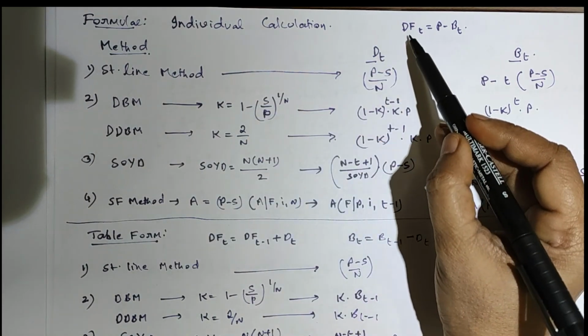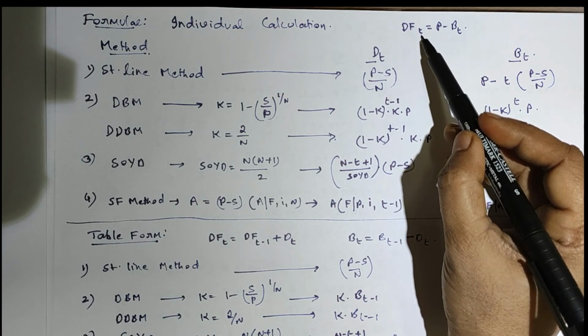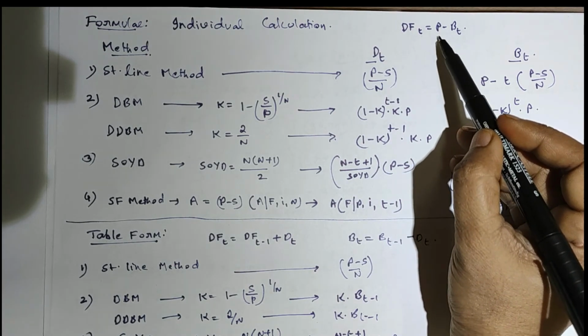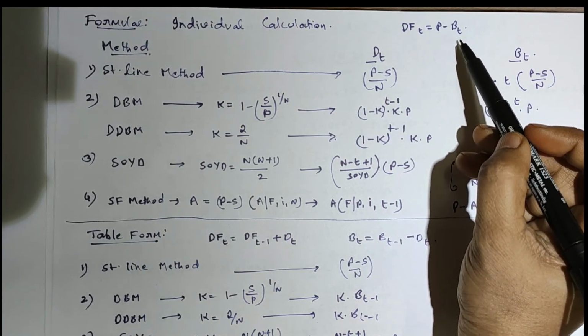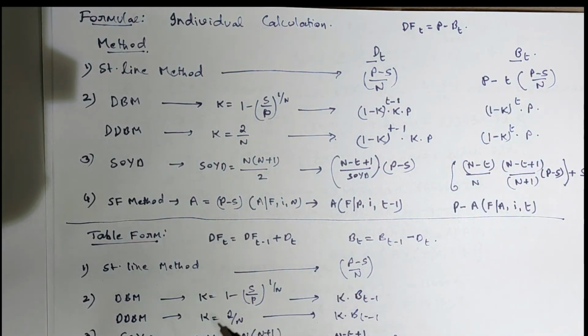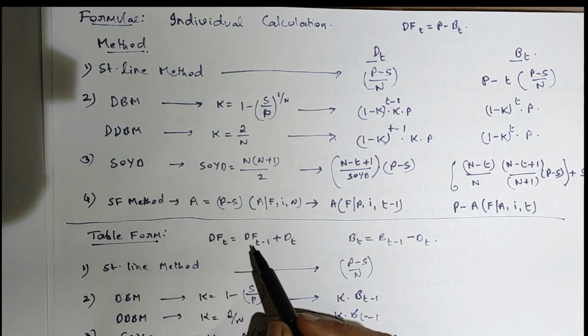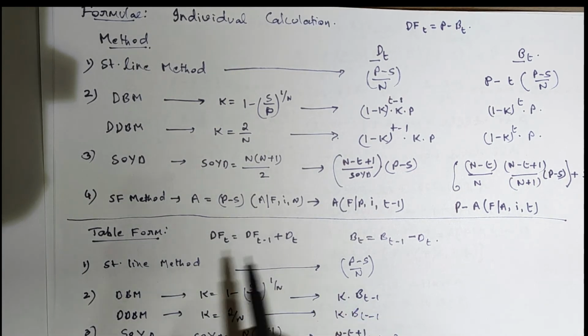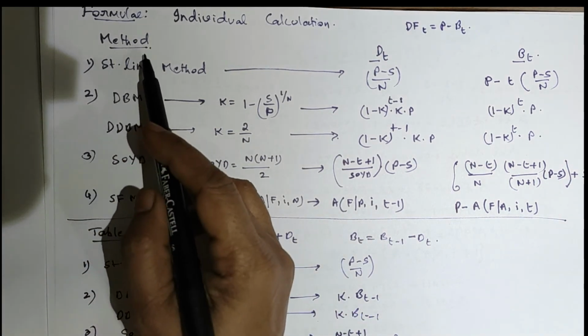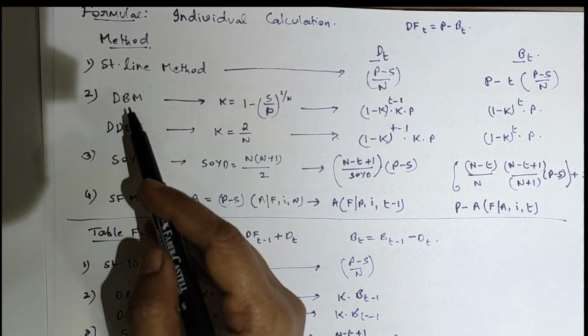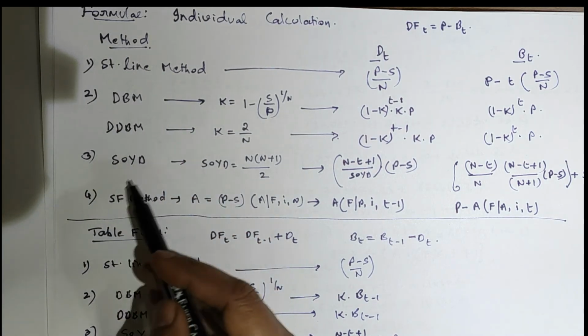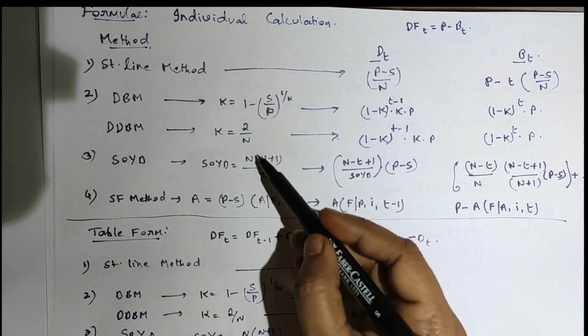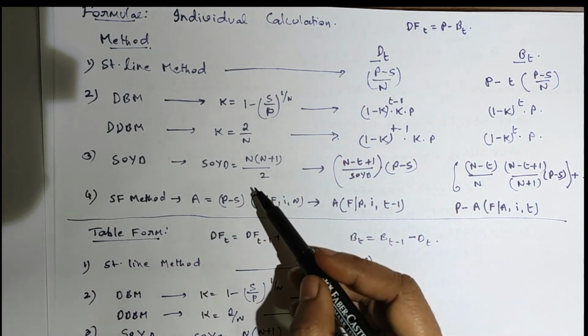In the individual calculation, depreciation fund for the current year, that is the Tth year, is P minus book value for the current year. If it is in the table form, you will have the previous depreciation fund value, and you just add the current depreciation value. Now, here the first column gives you the method: straight line method, DBM, DDBM, like that. If there are special calculations to be done, it is mentioned here.